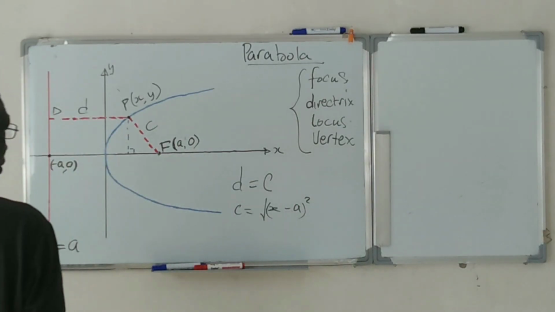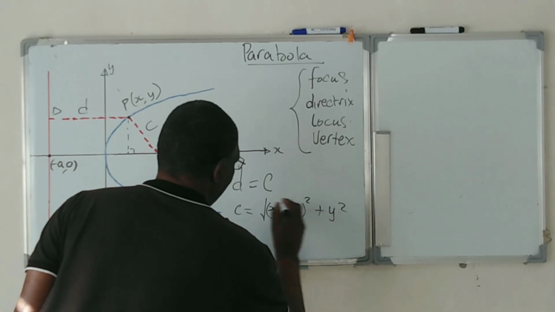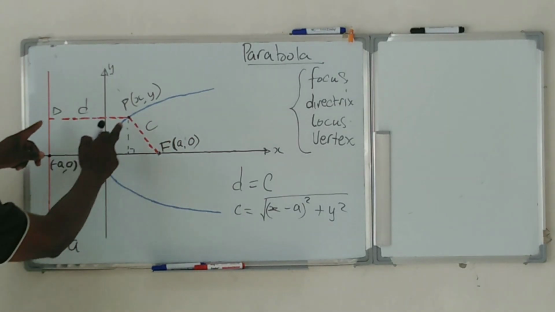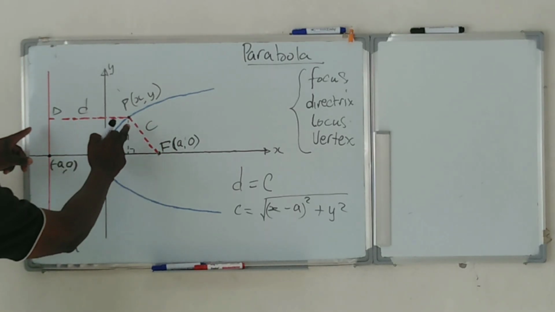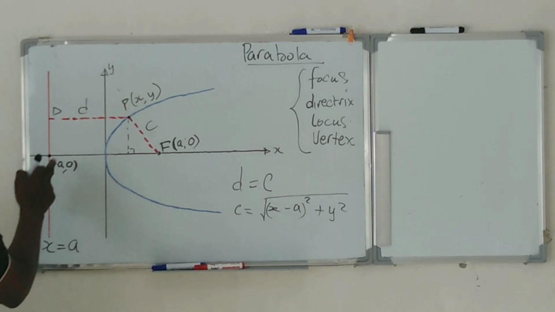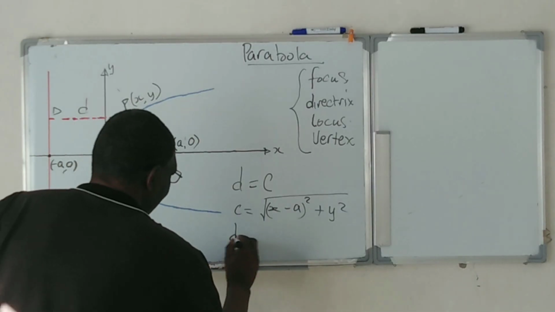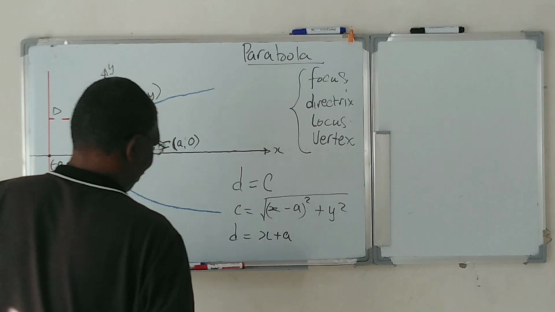I'm quoting the distance formula here, all under the square root sign. And what is our distance D? Well, this line, of course, is parallel to the x-axis, so the distance is just simply equal to x minus (minus a), which is x plus a. So D is equal to x plus a.